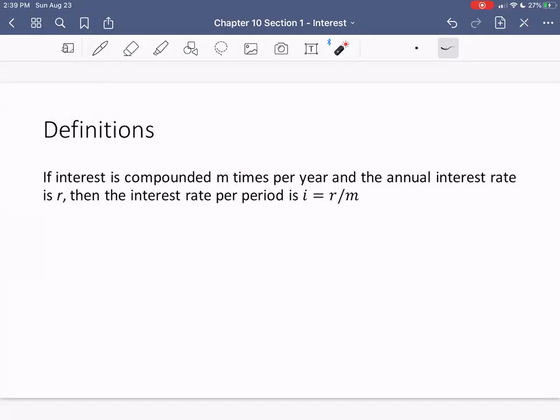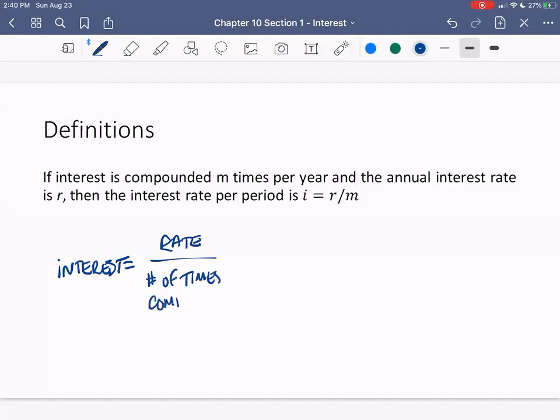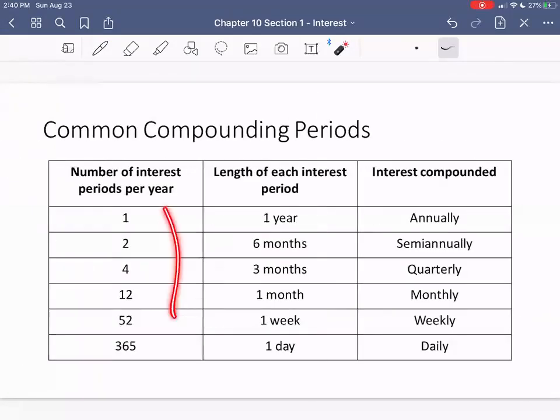This number comes from the first column in our last slide. So if it's compounded quarterly, your m value would be 4. If it was compounded semi-annually, then your m would be 2.